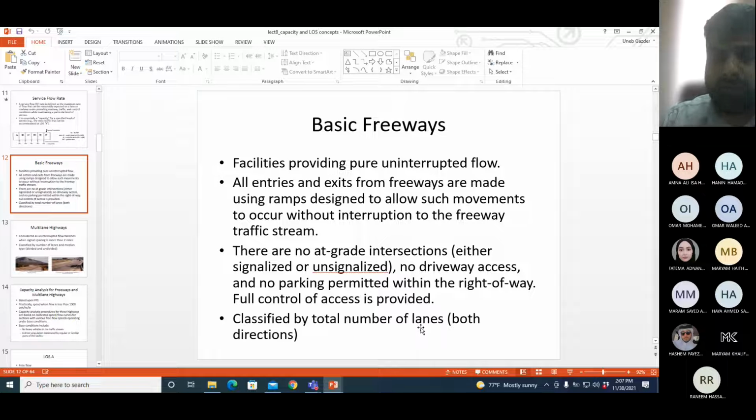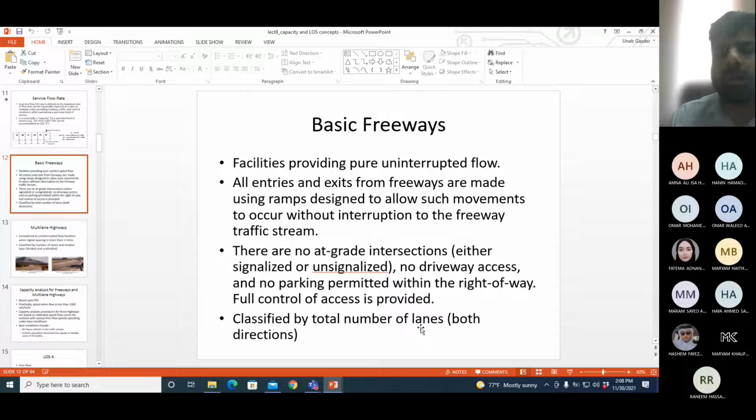So first of all, we need to define what we mean by freeways and multi-lane highways. The main point defining a freeway is a purely uninterrupted flow facility, a facility which does not have any interruptions. So if you want to enter or exit a freeway, it will be done through a ramp, which brings another important point: ramps are not considered as interruptions.